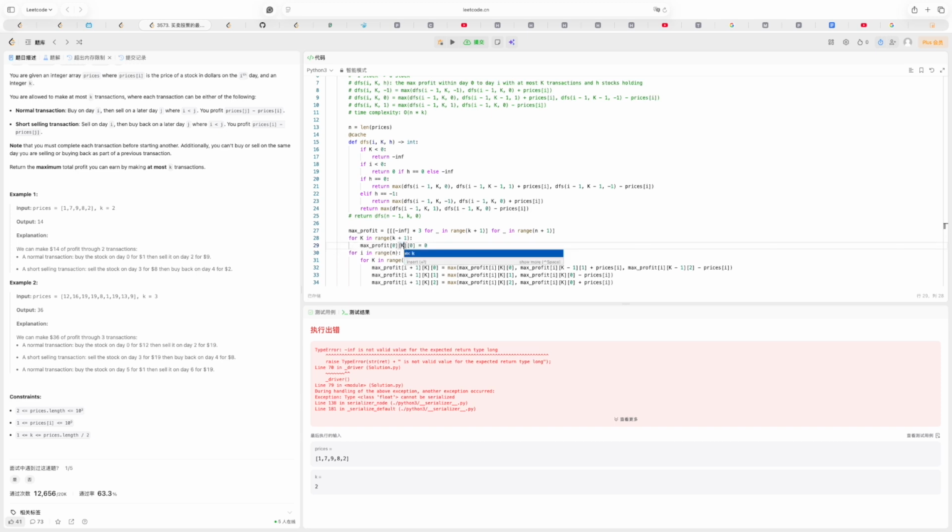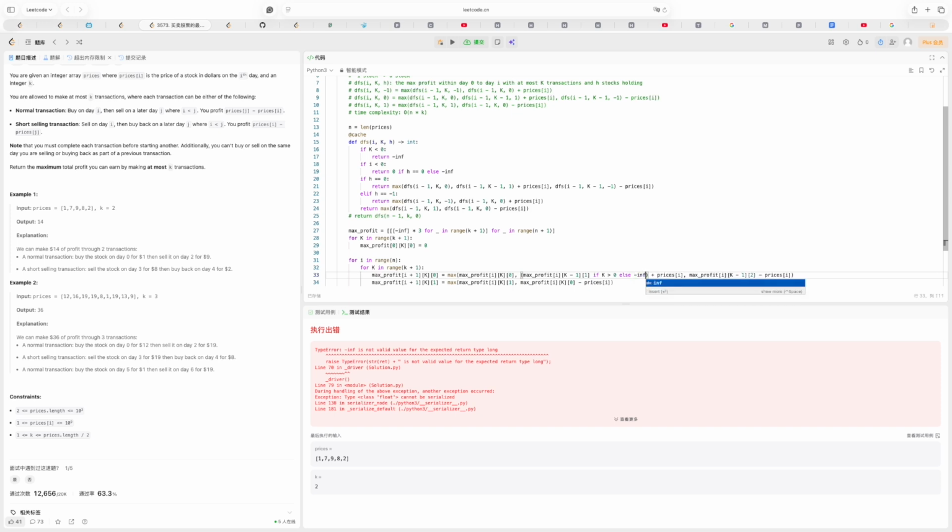And for this, since it may be out of the boundary, it will be only if k is larger than 0. Else, it should be returned invalid.